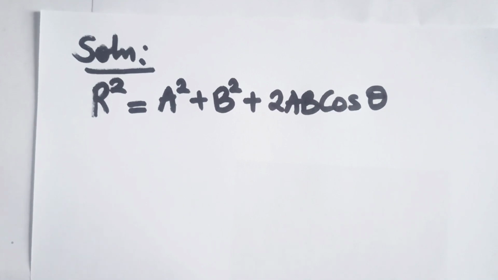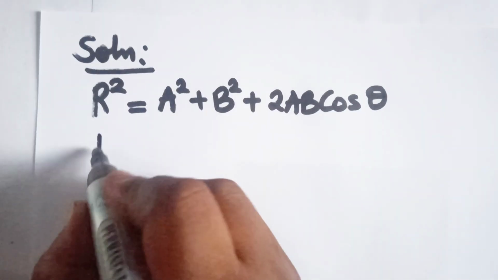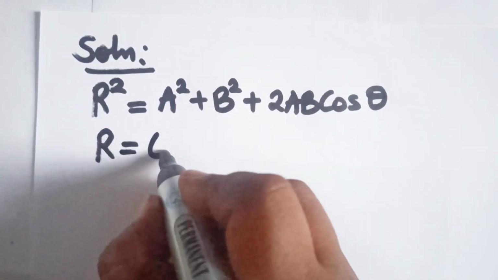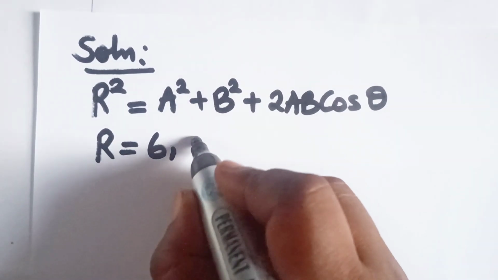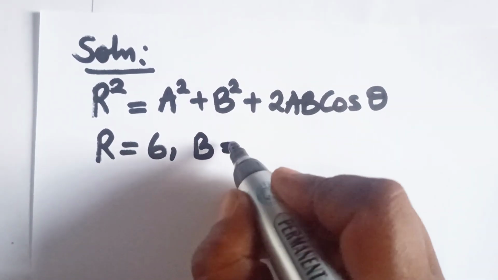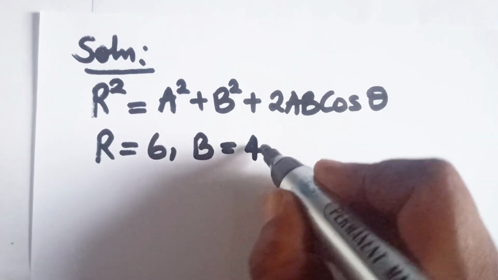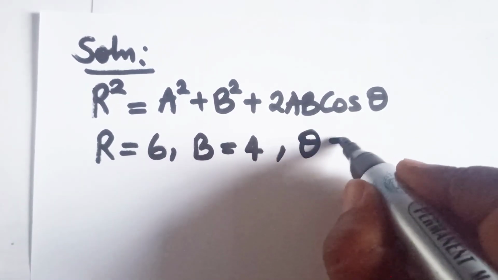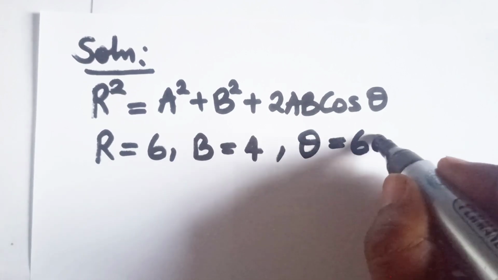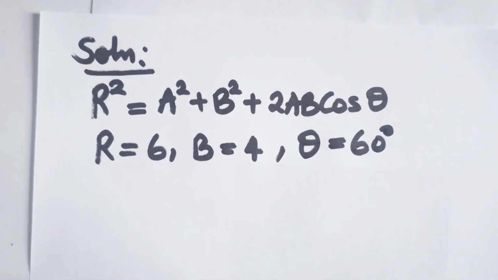So here we have R is equal to 6, A is unknown, B is equal to 4, and theta is equal to 60 degrees. So we need to find A.